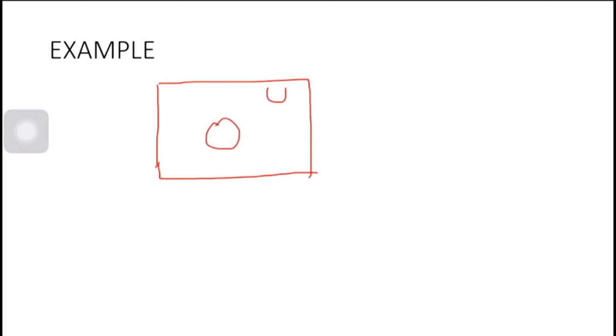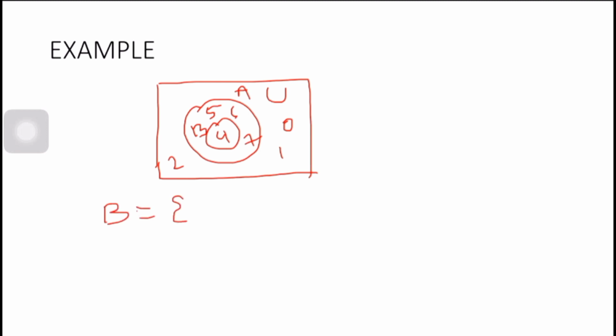Now let us try to understand through one example. One rectangular box, so it is U. Here is set B and this is A. B consists of only one element, that is 4.